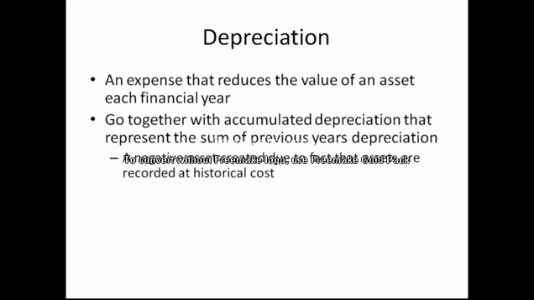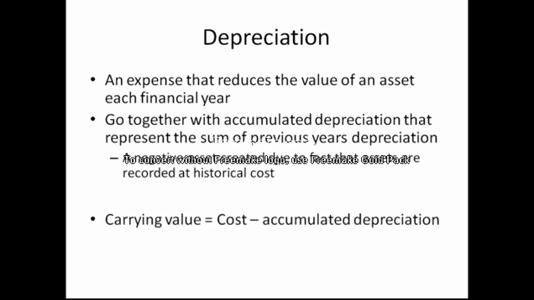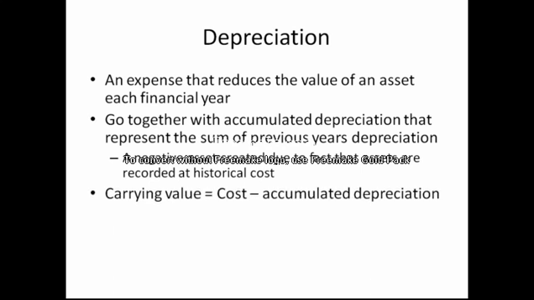So the accumulated depreciation is just the sum of all of the depreciations of all the previous financial years. Then the actual value to the business of the asset we call the so-called carrying value, which is the cost price minus this accumulated depreciation.